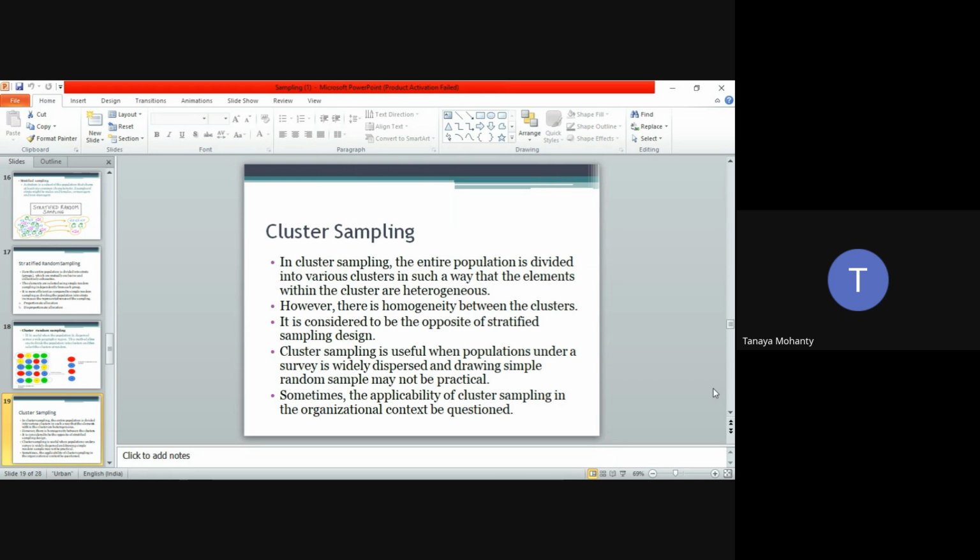That makes this community completely heterogeneous. So there is homogeneity between the clusters. It is considered to be the opposite of stratified sampling design.